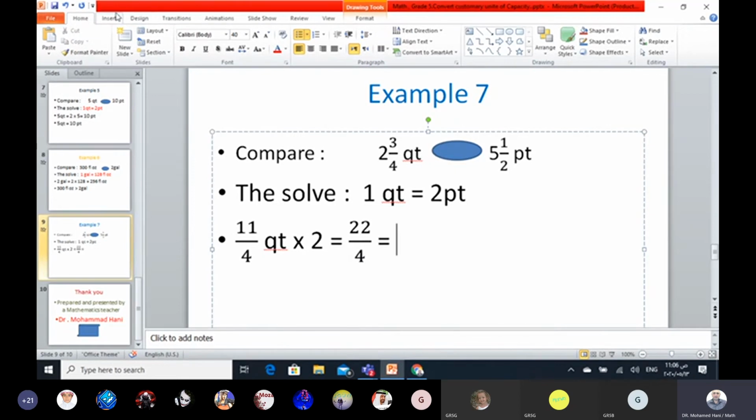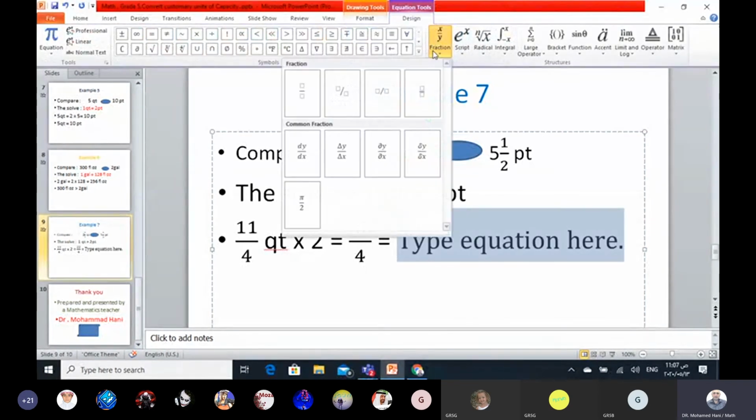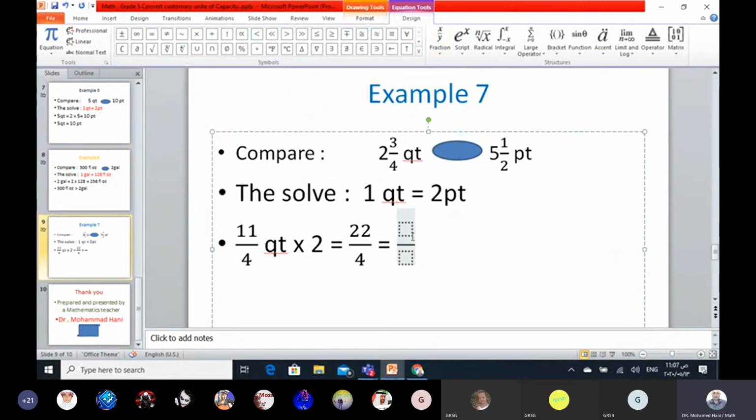Now do the simplest form. The GCF between 22 and 4 will be 2. So divide up and down by 2. 22 divided by 2 will be 11. And 4 divided by 2 will be 2.